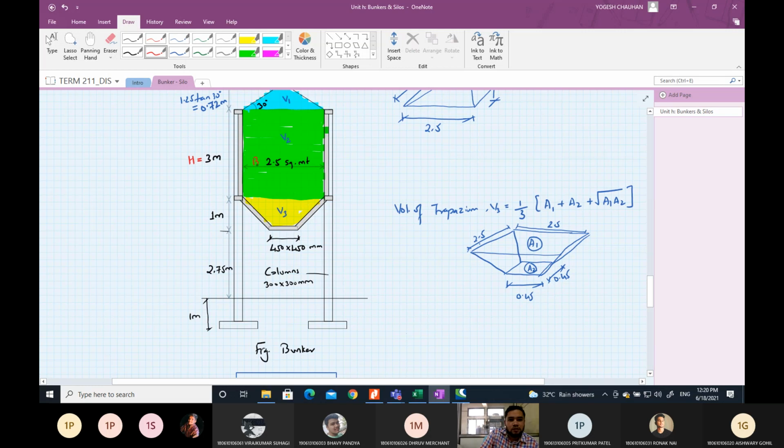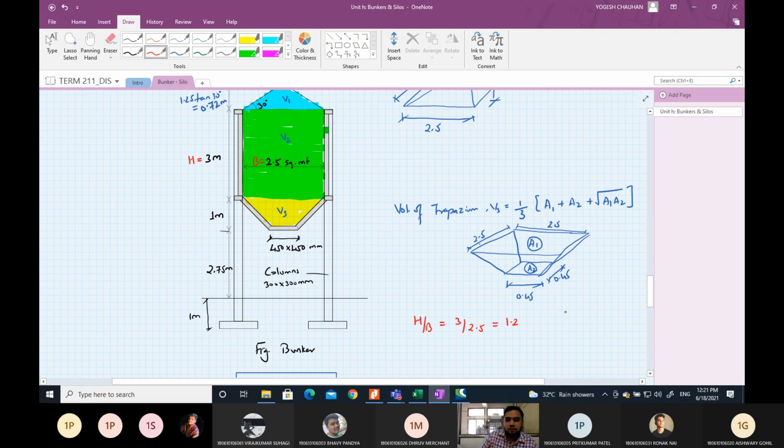For now we will call this H and this B, and you can also make sure that here H by B is equal to 3 by 2.5, which is equal to 1.2.